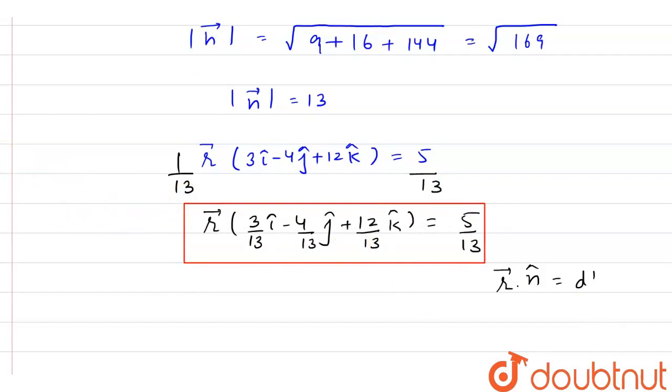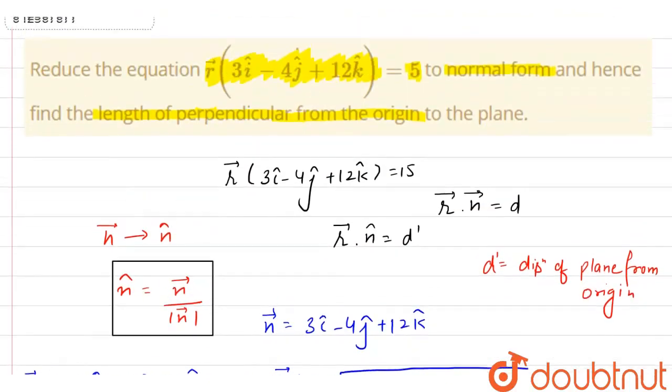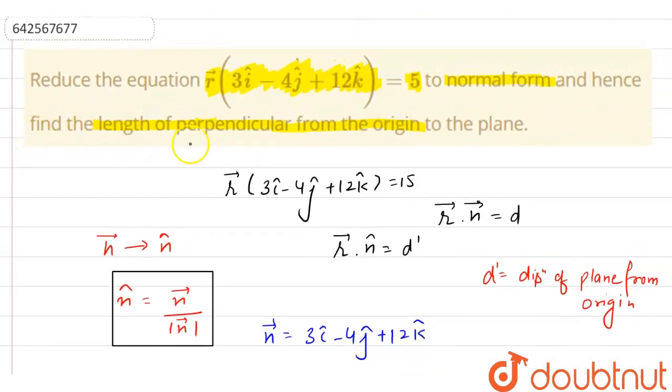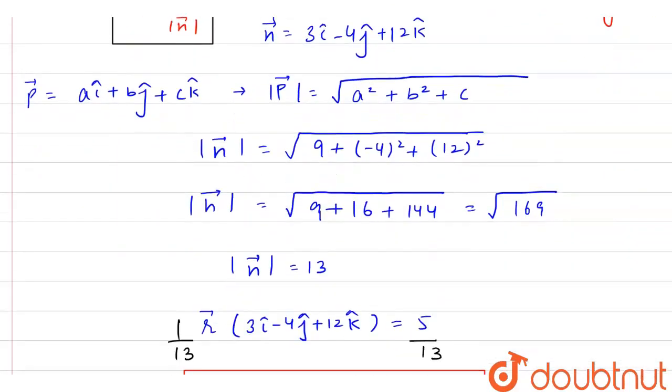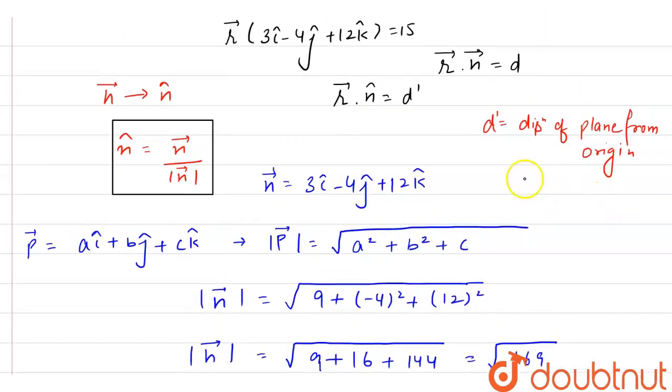Right? Now, as the question says, to find the length of the perpendicular from the origin, that means the distance from the origin. Here this d dash is the perpendicular distance.